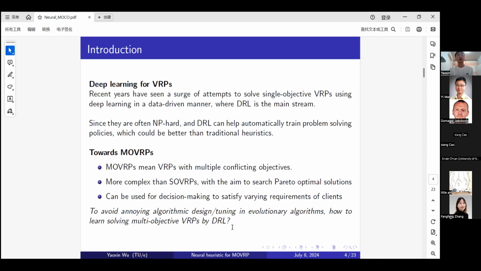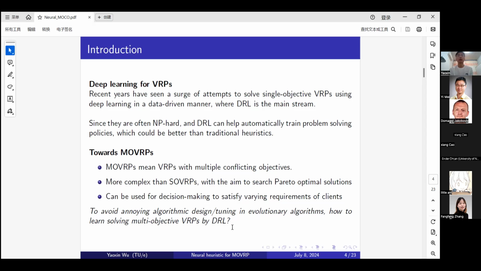Because of this NP-hardness, researchers in the operations research and computer science communities often use heuristic or meta-heuristic methods to solve weak routing problems.